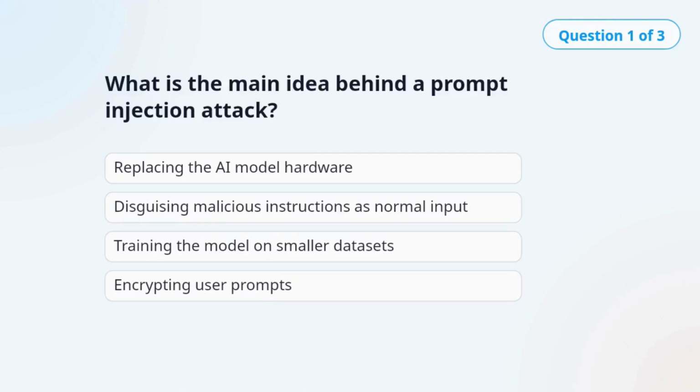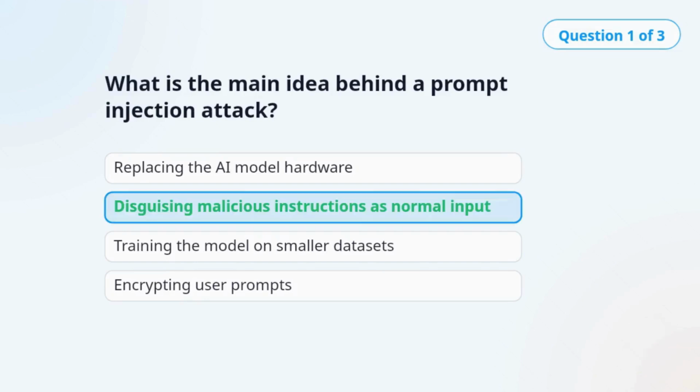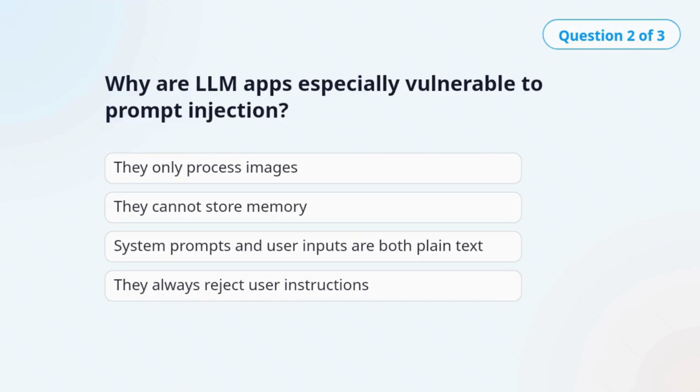Question 1. What is the main idea behind a prompt injection attack? The correct answer is disguising malicious instructions as normal input. Prompt injection works by making harmful instructions appear like legitimate user input, so the model may follow them. Question 2. Why are LLM apps especially vulnerable to prompt injection?